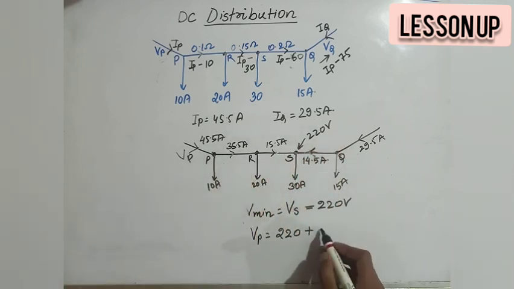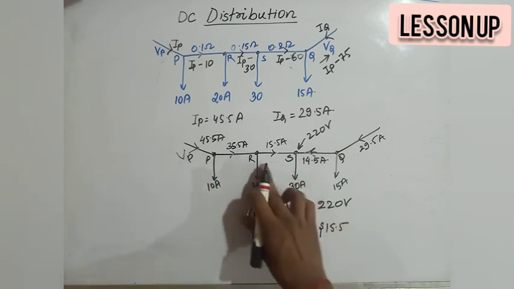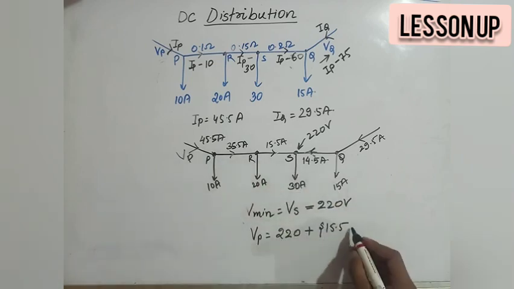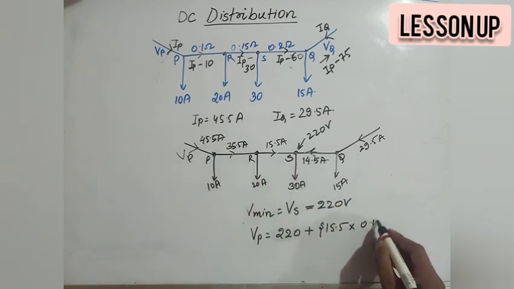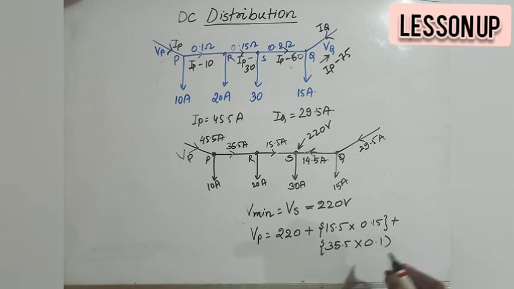So it will be 15.5, the current between R and S, and resistance between R and S is 0.15, plus the current between P and R is 35.5 into 0.1. Okay, so we will get 225.875 volt.